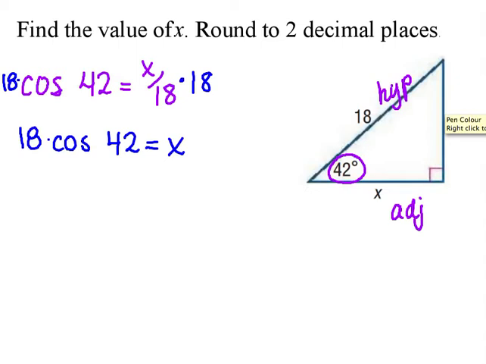What'd you get to 2 decimal places? 13.38. You could put a times sign, you don't need to. Did anybody not get that? Because if not, we need to make sure that everybody's got that. So 13.38.